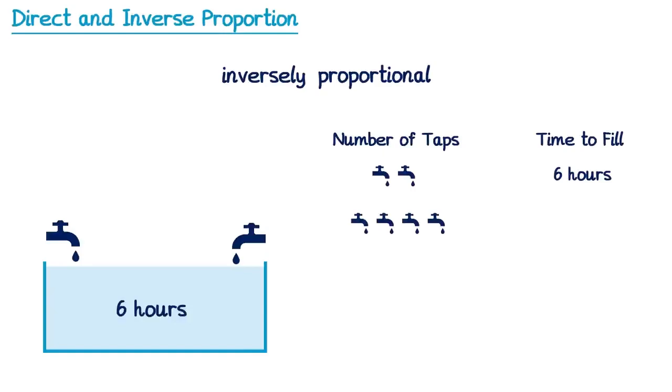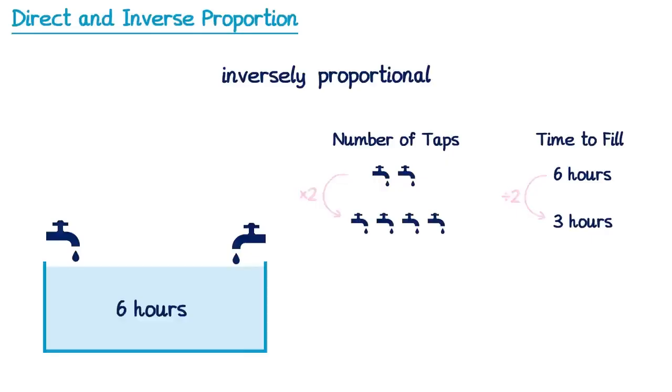If we have more taps going, the time it takes will actually go down. In fact, if we double the number of taps, the time will need to be halved. So if we halve 6 hours, we get 3 hours. So in this one, we doubled the number of taps, but we actually halved the amount of time.